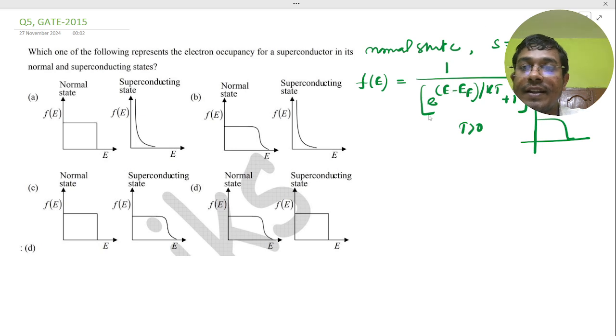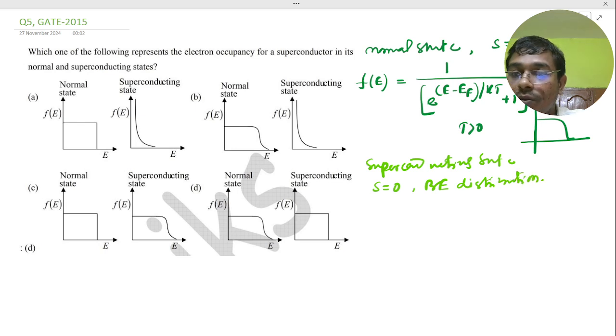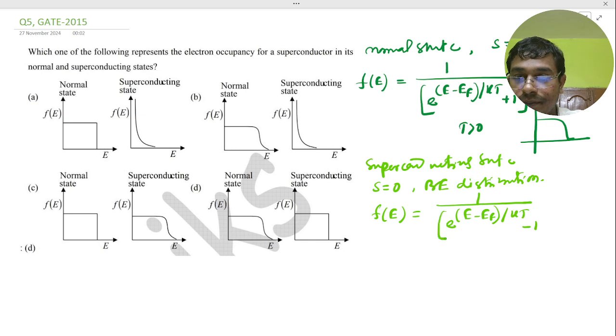And for the other state, the superconducting state, the spin S is equal to 0 and the Bose-Einstein distribution function is applied here, and we have the distribution function 1 by exponential of (E minus EF) by KT, and that should be minus 1.